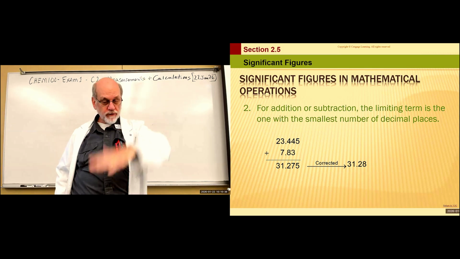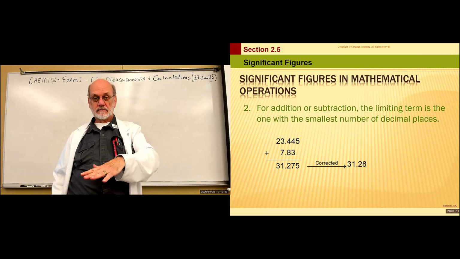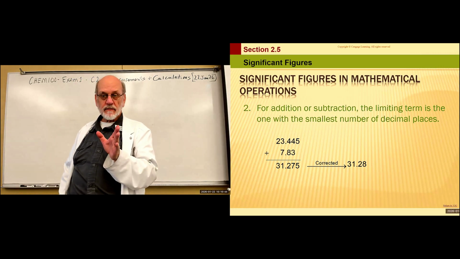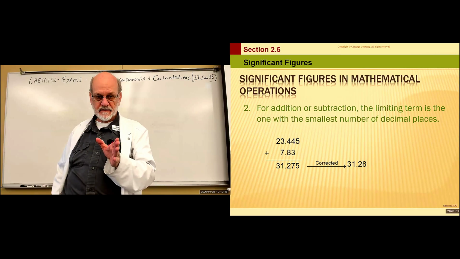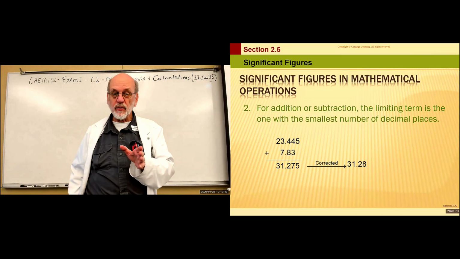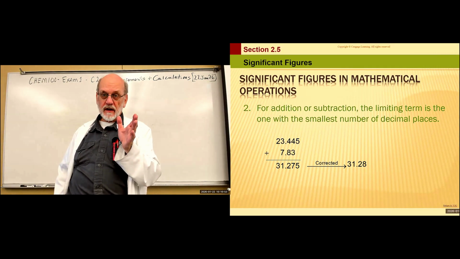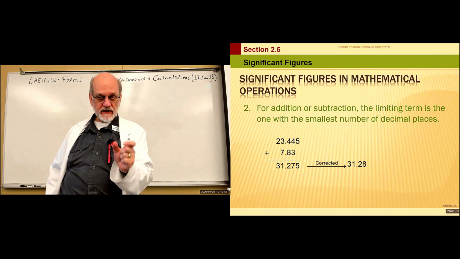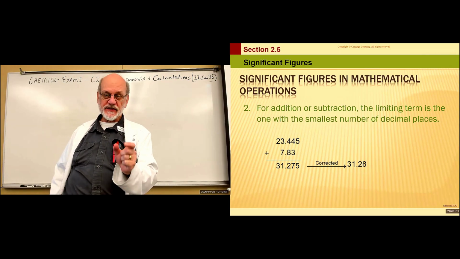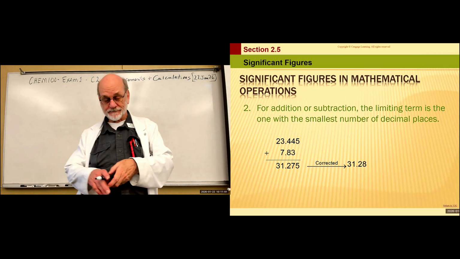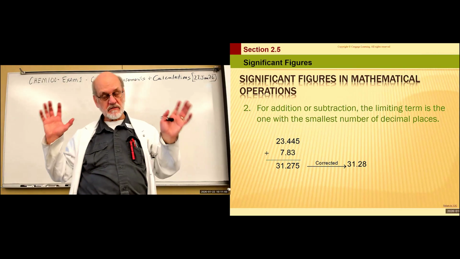And then you add the whole thing through. And then you look at the least number of decimal places. So that would be 0.83. So you can only keep 2 decimal places in your answer. That means the 7 must be rounded up to 8. Subtraction, same rules.